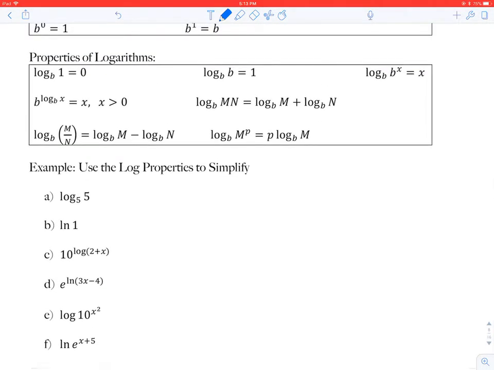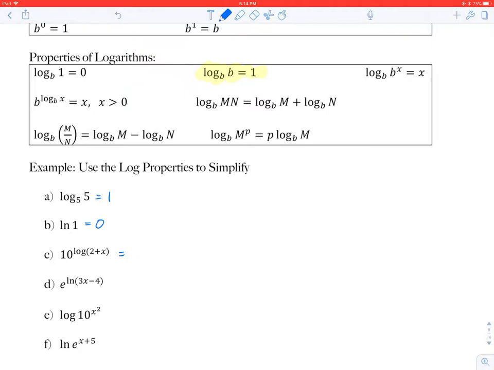Okay, so using properties to simplify. Well, log base 5 of 5 has to just be equal to 1. That's this property here. If you have the log base b of b, it is just 1, because 5 raised to the first power would give us 5. If you evaluate a logarithm at 1, it has to be equal to 0, because the base raised to the 0th power would give you 1.